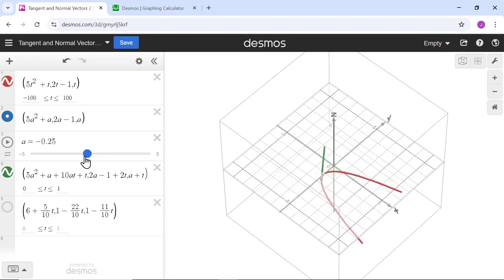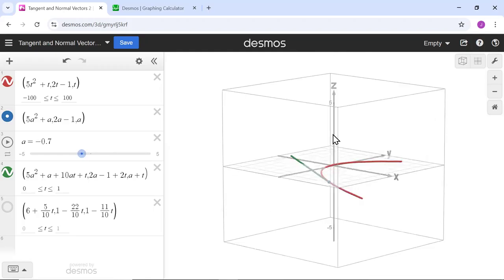But you can see kind of what's going on. As we move along this path, the tangent vector at whatever point we are at is traveling in the direction of the path of our curve.